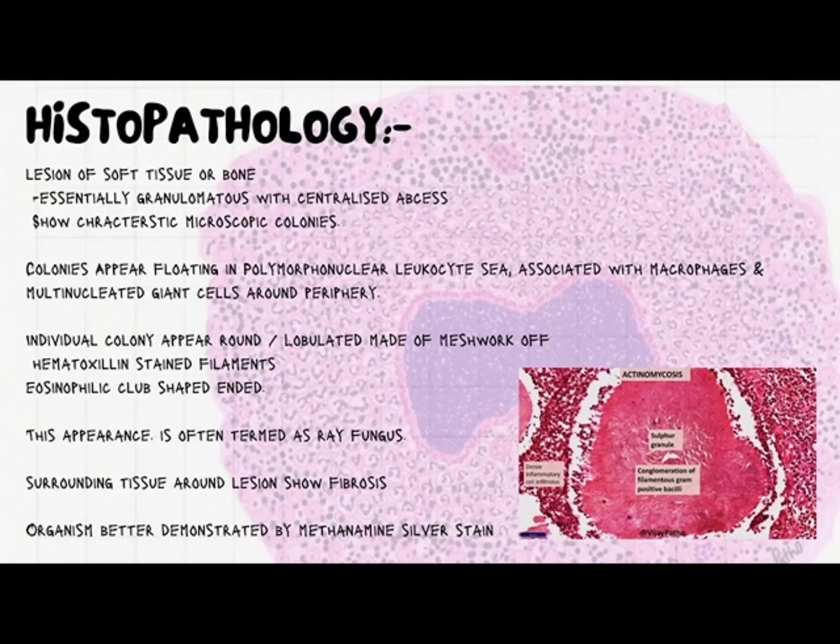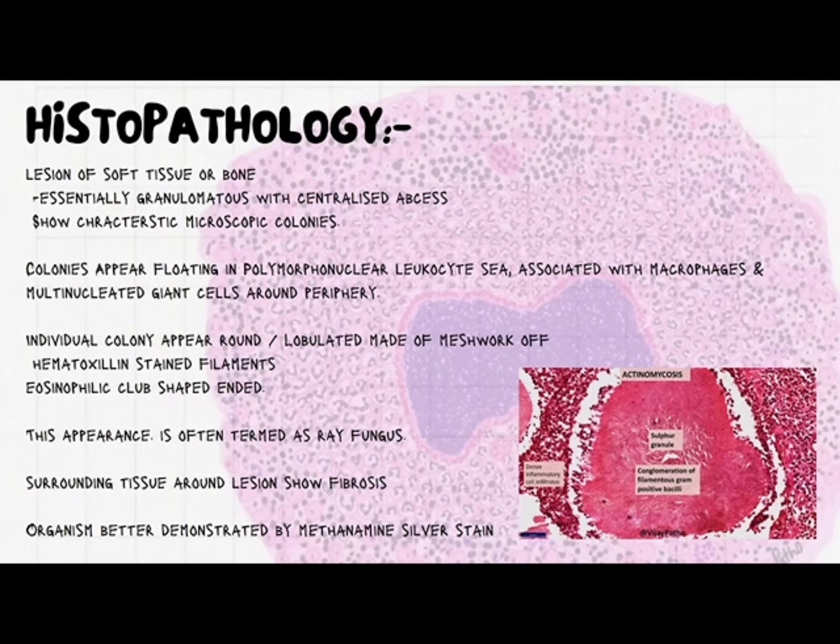In the histopathology, we can see the lesion of soft tissue or bone as essentially granulomatous with a centralized abscess that shows characteristic microscopic colonies in the center. The colonies appear floating in polymorphonuclear leukocytes, associated with macrophages and multinucleated giant cells around the periphery. That is granulomatous tissue formation.